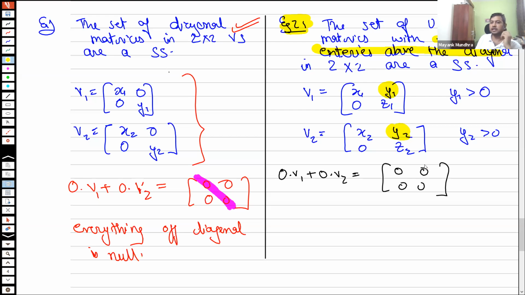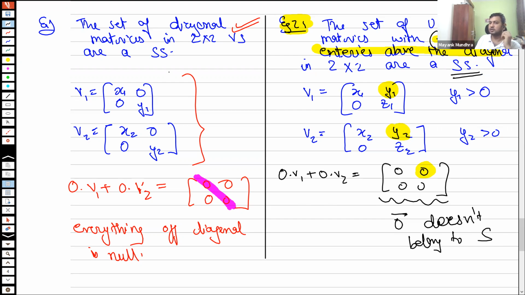But now this entry has become 0. So this zero vector does not belong to the set which I was initially looking at.